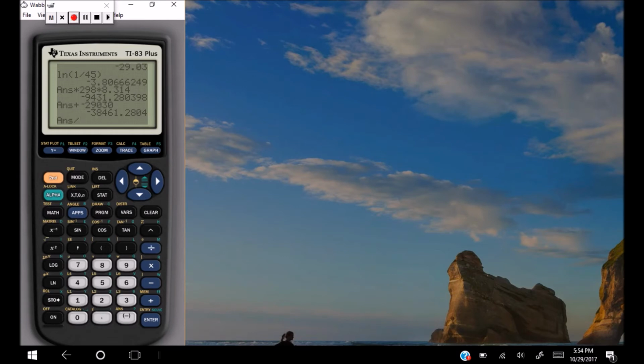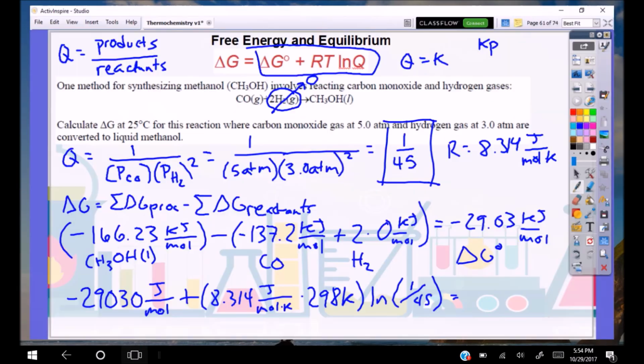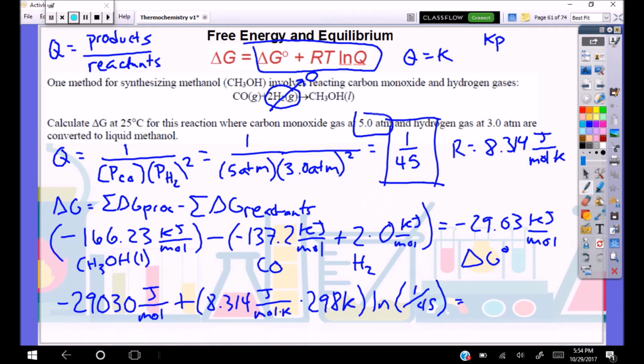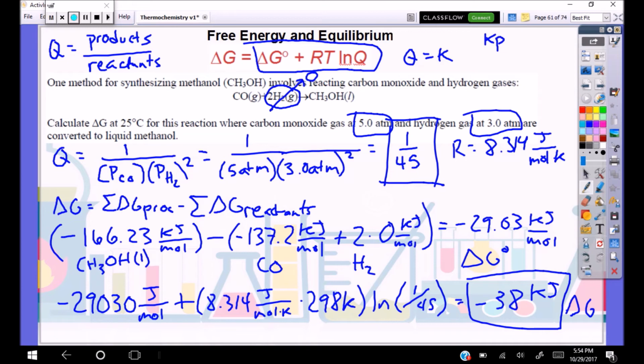I'm going to convert that to kilojoules, so negative 38.46. Let's check my numbers. Looks like we only have 2 sig figs in this problem, so I'm going to get negative 38 kilojoules as my delta G for this reaction. Not bad. Let's evaluate. Is this a spontaneous or non-spontaneous reaction? It should be spontaneous because of the negative delta G.